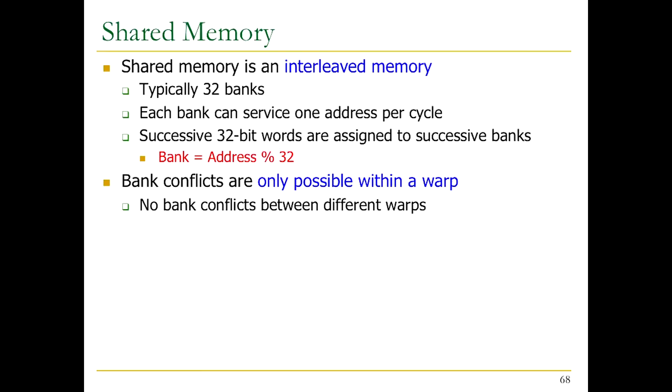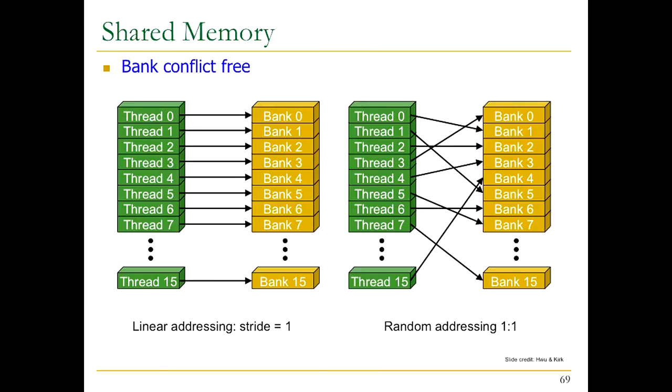So we are using the lower 5 bits of the address to go to the particular bank, and obviously we can have bank conflicts. As you can see in this slide, assume a warp of 16 threads instead of 32.